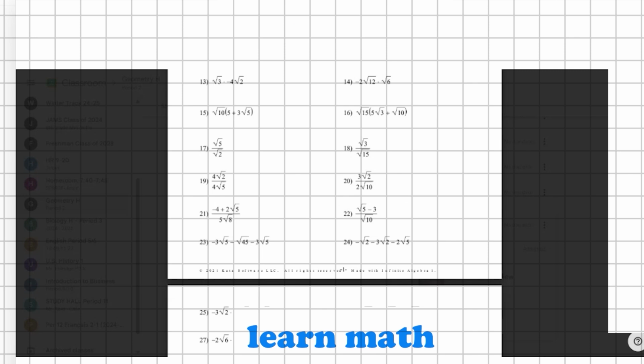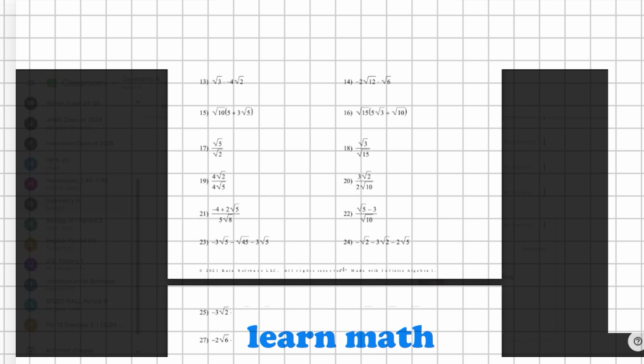Negative 2 square root of 2 plus square root of 10 over 10. Okay, say that again. How much? Negative 2 square root of 2 plus square root of 10 over 10.